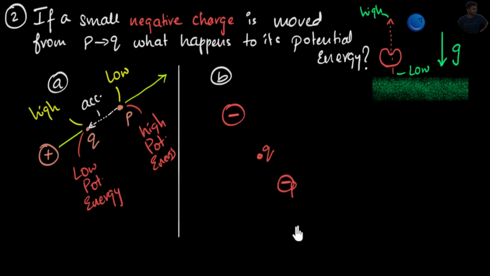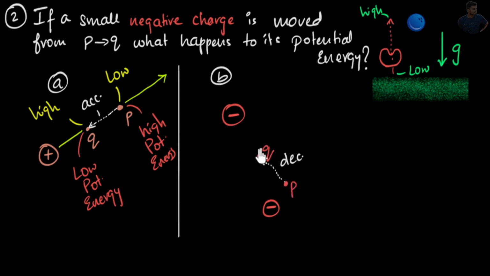What happens to the speed of that charge? Ooh, it slows down, slows down, slows down, which means that kinetic energy is getting converted into potential energy. Let's write that down. That's interesting. So if my negative charge goes from P to Q, it will decelerate, not accelerate. It'll slow down, meaning its potential energy should increase.